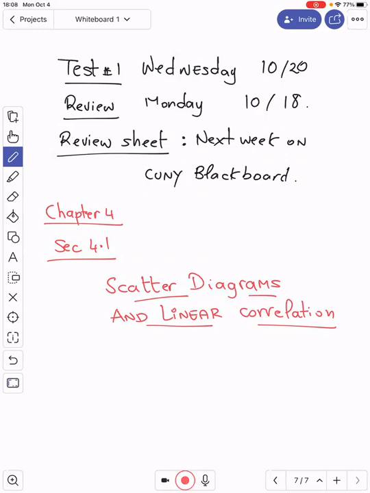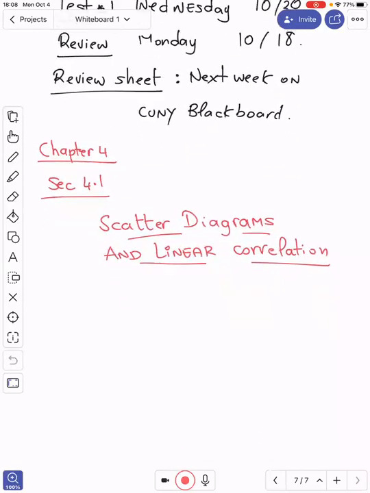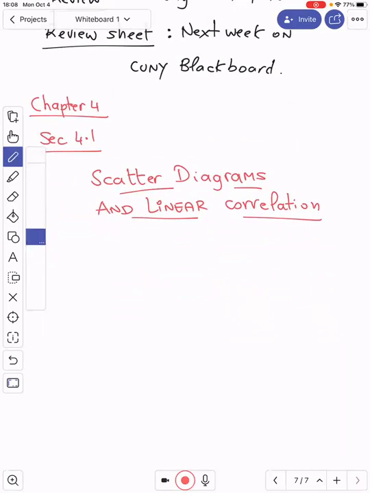So let me just write down what I said. So we have seen different ways to represent data.